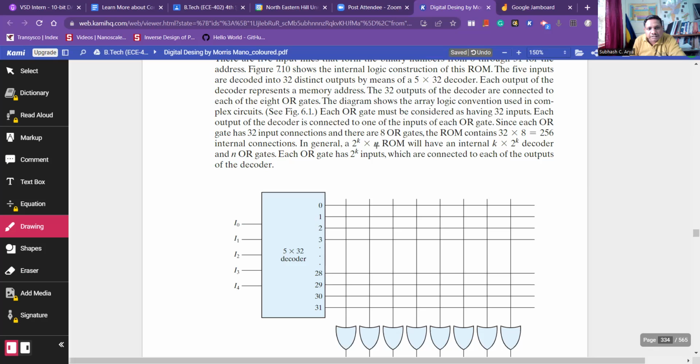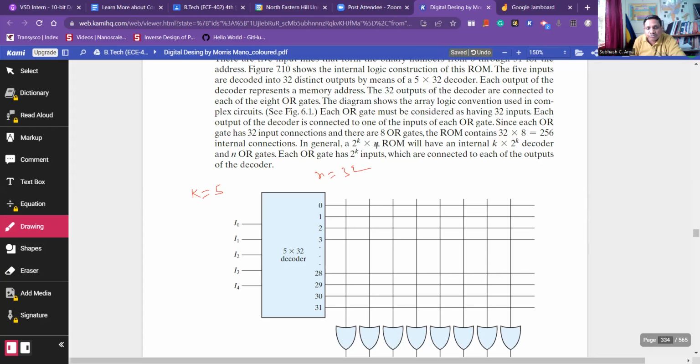Now here we have one example. k is the number of input lines. How many input lines are there? 1, 2, 3, 4, 5. So k is equal to 5. And how many output lines are there? We can see here 8. So n is equal to 8.